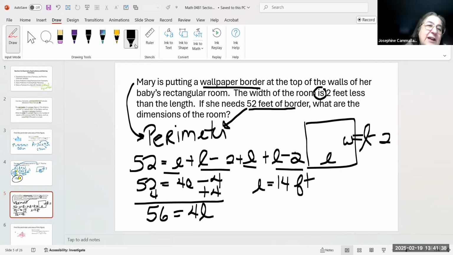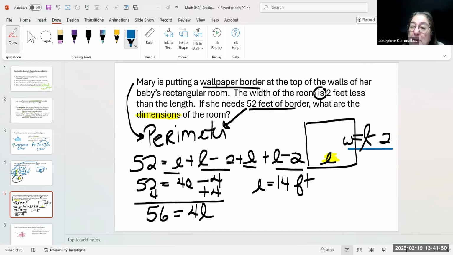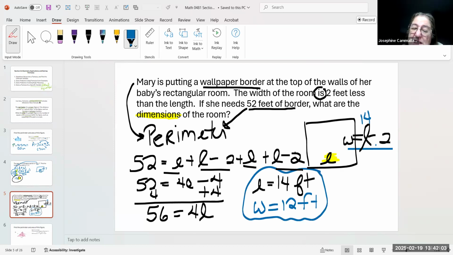But look at right here. Dimensions. Well, I know my length. What is my width? This is going to get 14 minus 2, or my width is 12 feet. These are the dimensions of the bedroom that Mary is going to put wallpaper around.